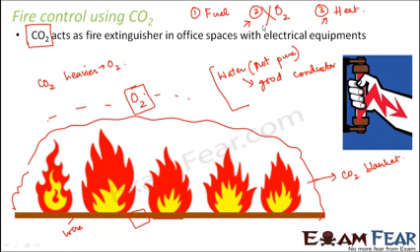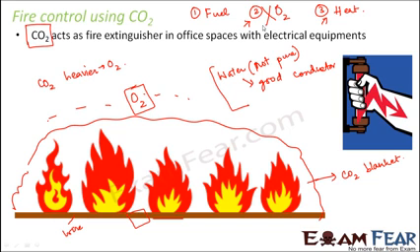Now in the case of water, we just bring water in buckets or in pipes and try to extinguish the fire. But how do we do it with carbon dioxide? Carbon dioxide is present in liquid form in fire extinguishers. If you look in your office spaces, you will see the red colored fire extinguisher boxes.